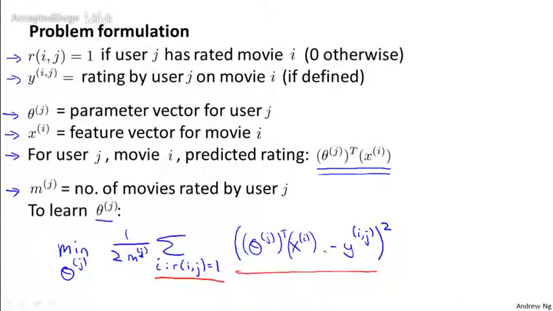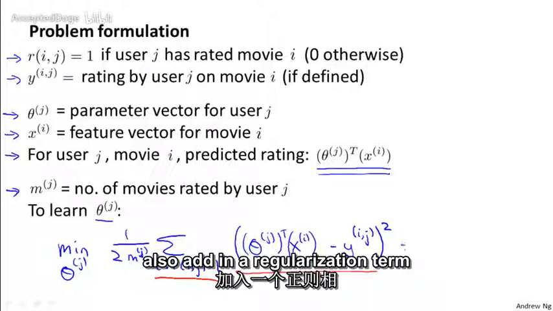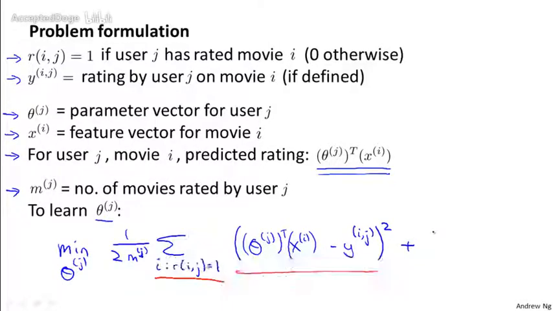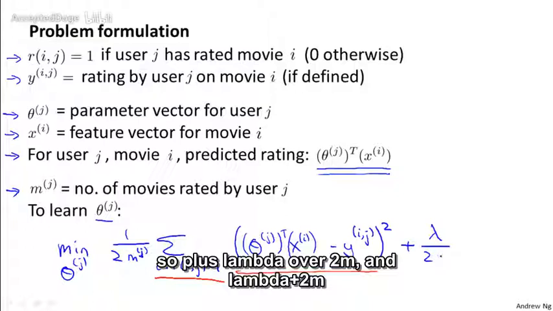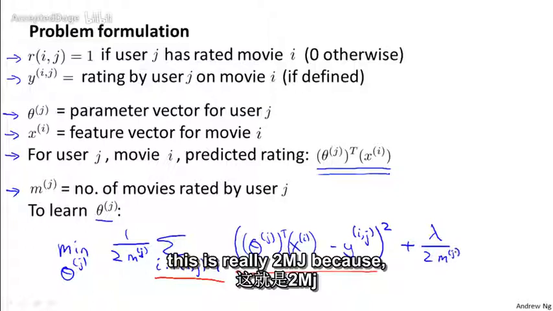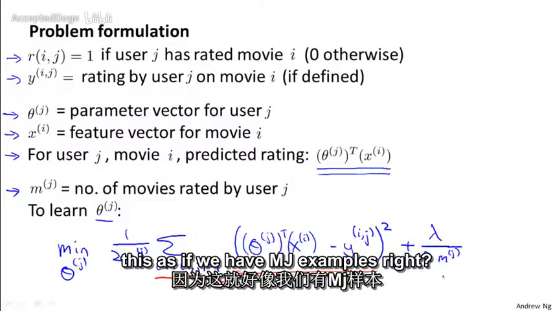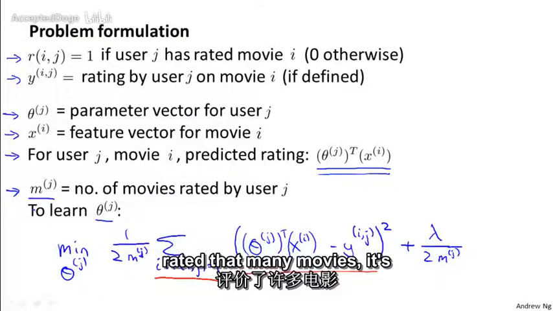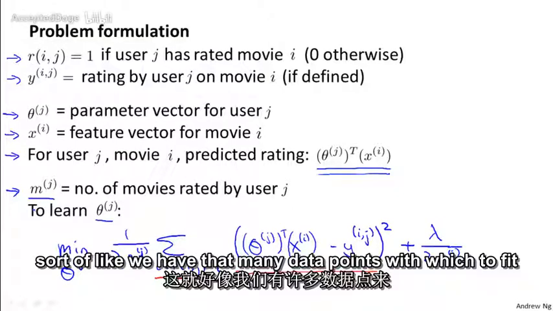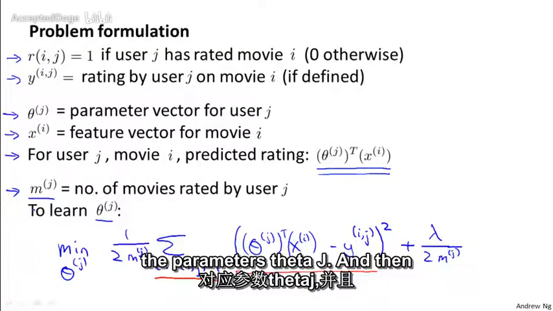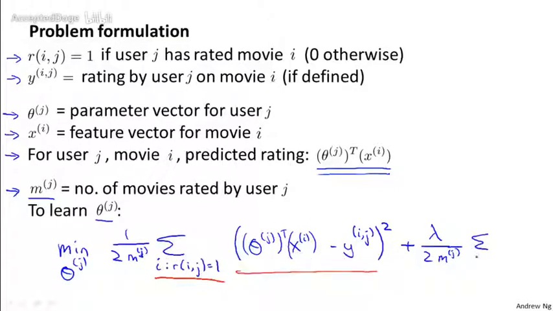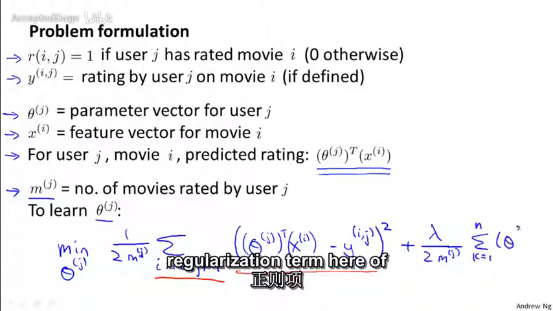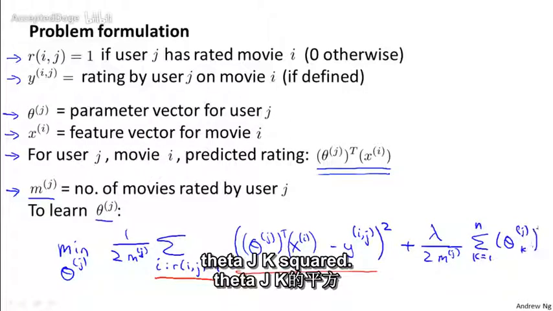And if we want, we can also add in a regularization term, so it's plus lambda over 2m, and this is really 2mj, because it's as if we have mj examples, right? Because if user j has rated that many movies, it's sort of like we have that many data points with which to fit the parameters theta j. And then let me add in my usual regularization term here of theta j k squared.